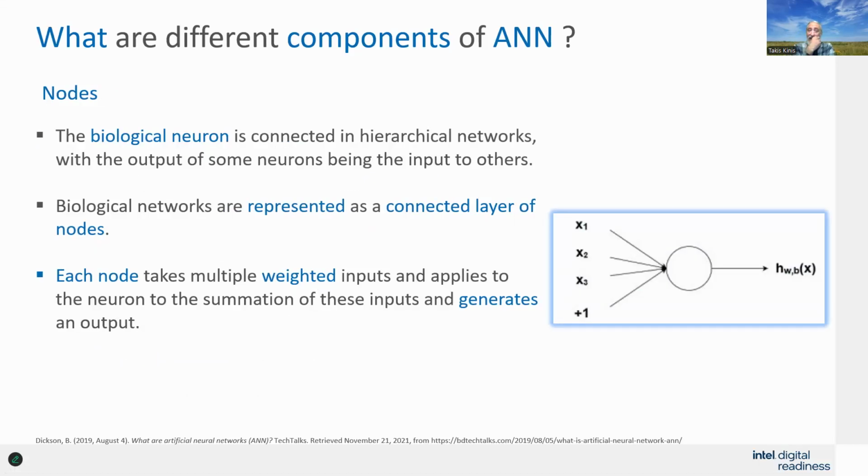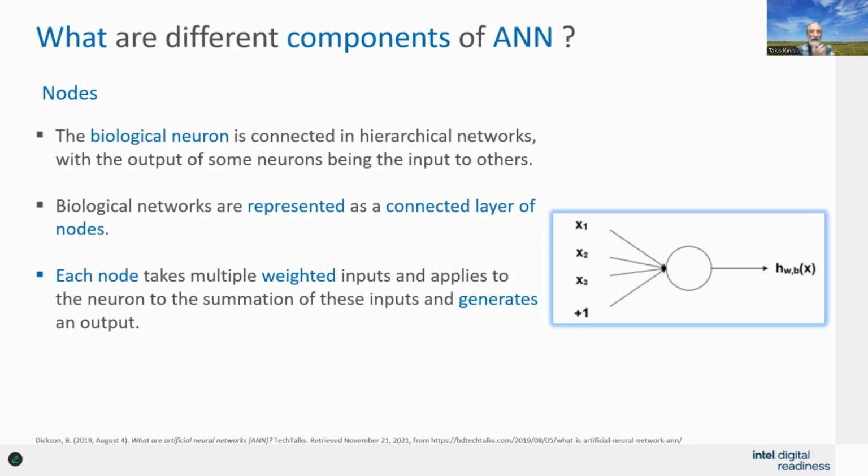All right, it says here the biological neuron is connected in hierarchical networks, with the output of some neurons being the input to others. We mentioned that already. And they're represented, the biological ones, as a connected layer of nodes. Okay, so this is where we borrow it from, and we borrow it from nature, right? Because nature's already done this.